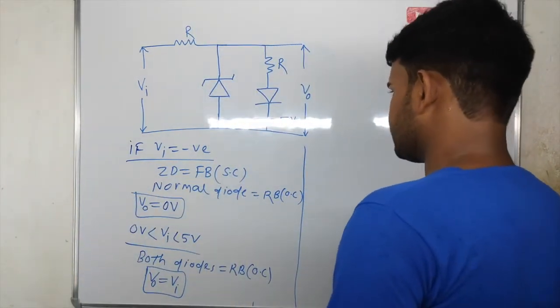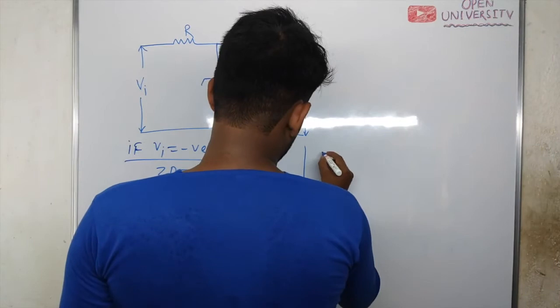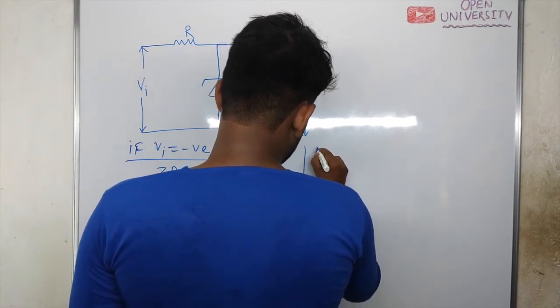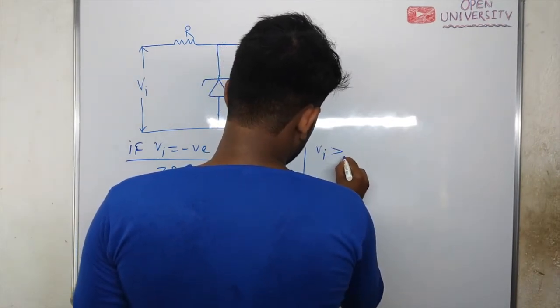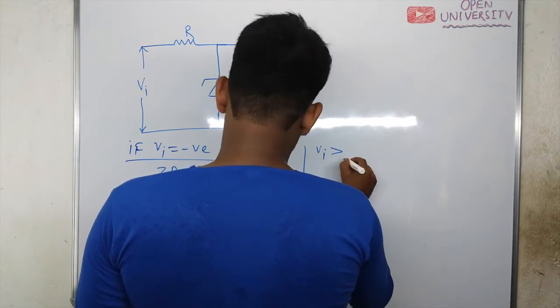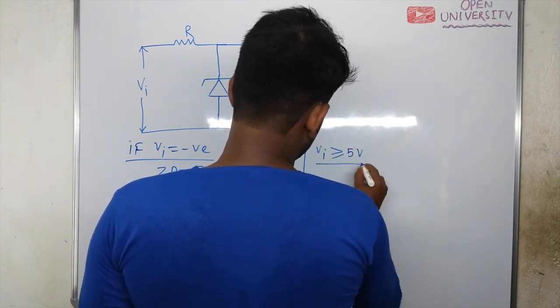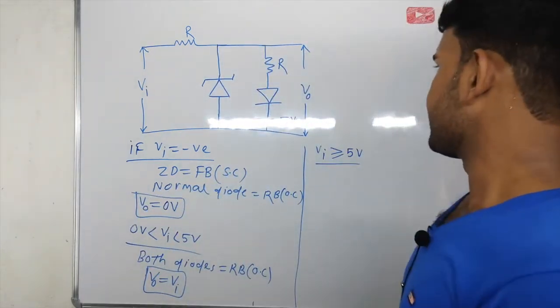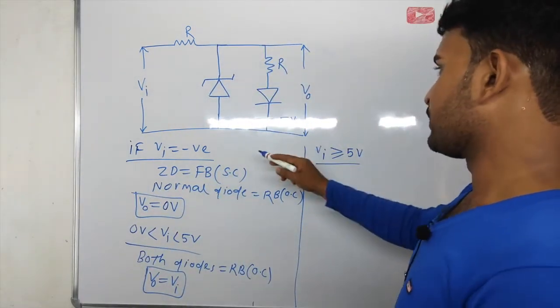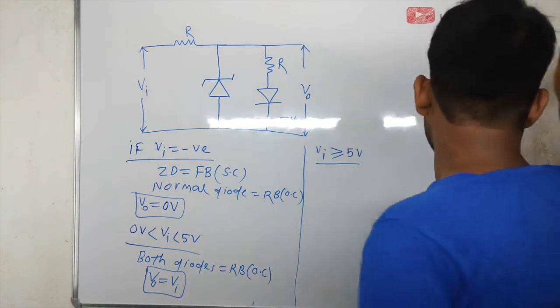Now, if your input voltage VI is greater than or equal to 5 volt, then what happens? Your normal diode will be forward biased.